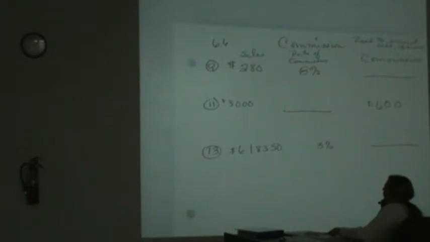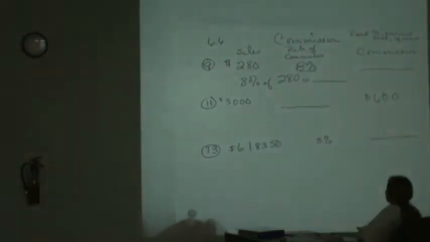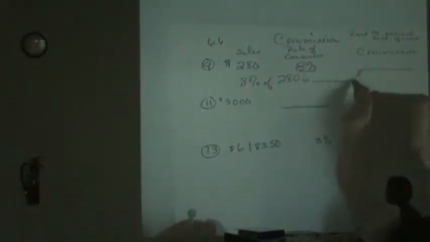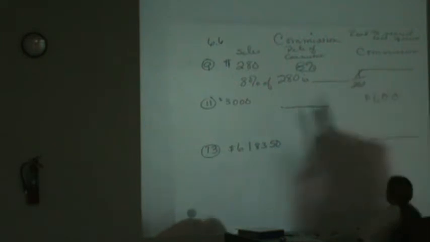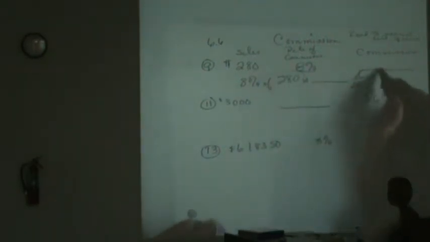That's tax. Okay? The next section on 6.6 is commission. It's not something that's added to the cost, that's just what the salesman gets. If a salesman gets 8% and he sold you $280, he gets 8% of the sale, which is, we don't know, is over of equals 8 over 100.